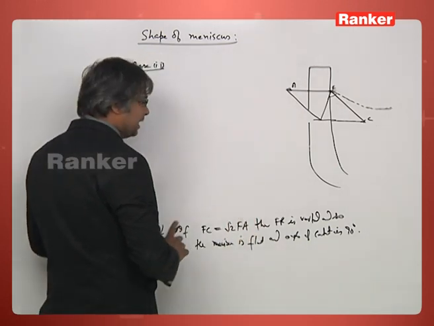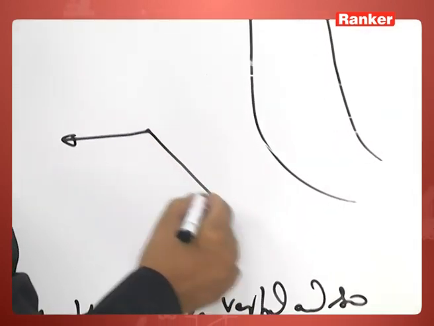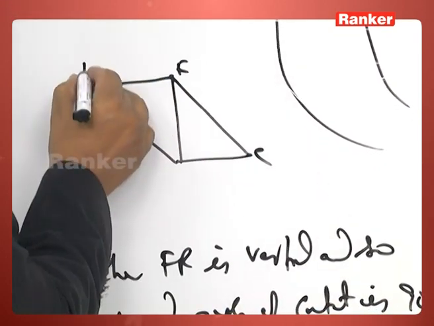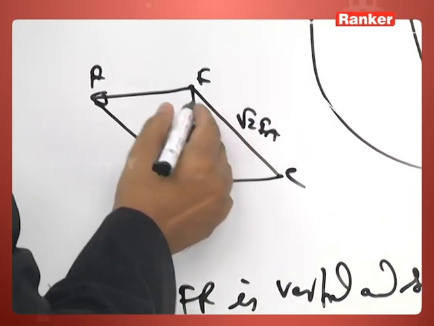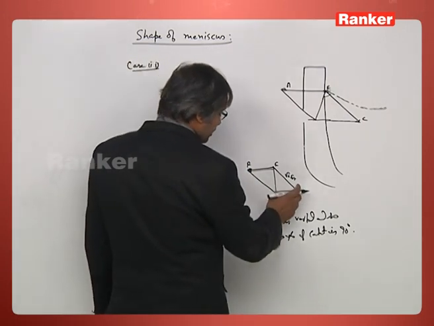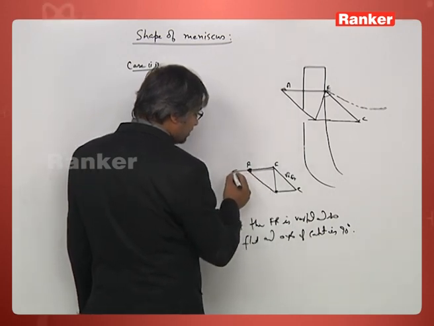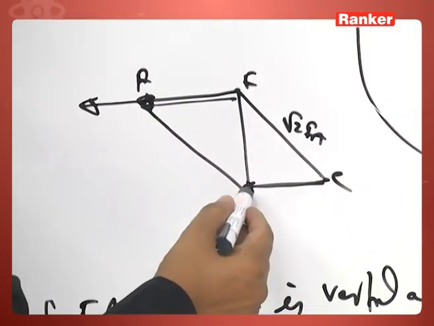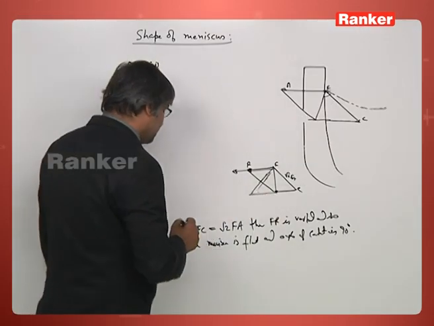So what happens, you see: previously the triangle of FC and FA was such that FC was equal to root 2 FA. Now, if FA is more than this FC, you can see the resultant is going to shift this way.